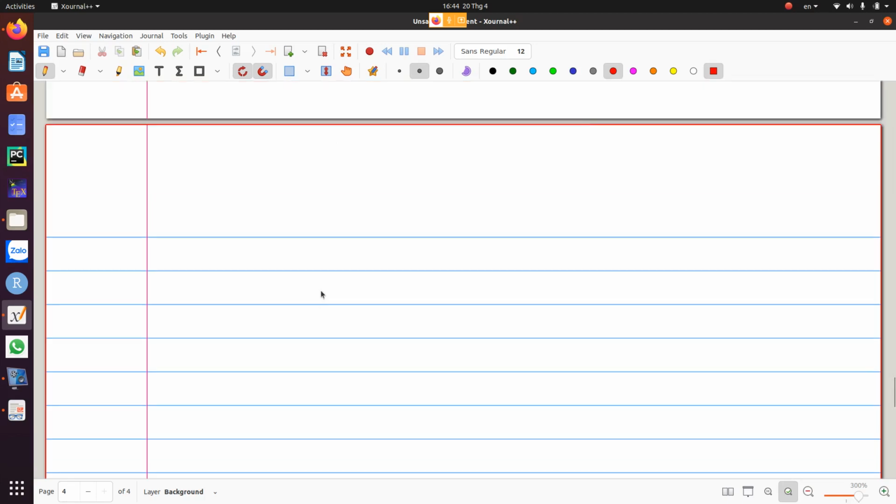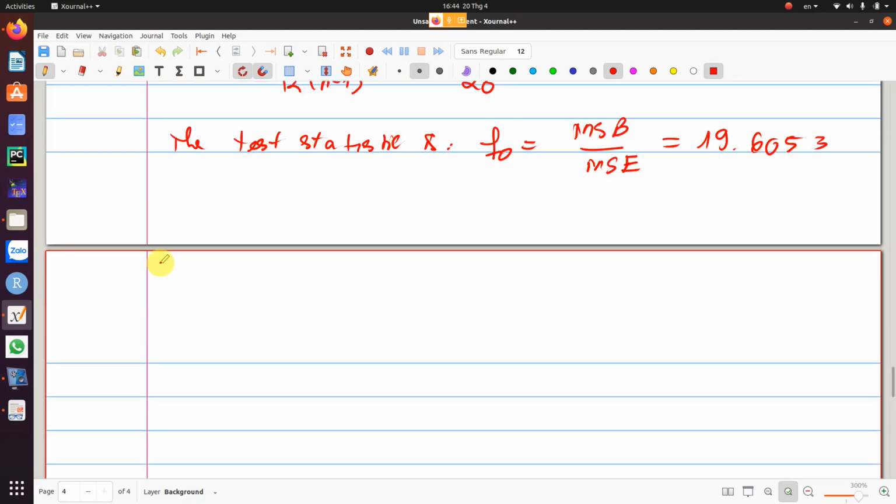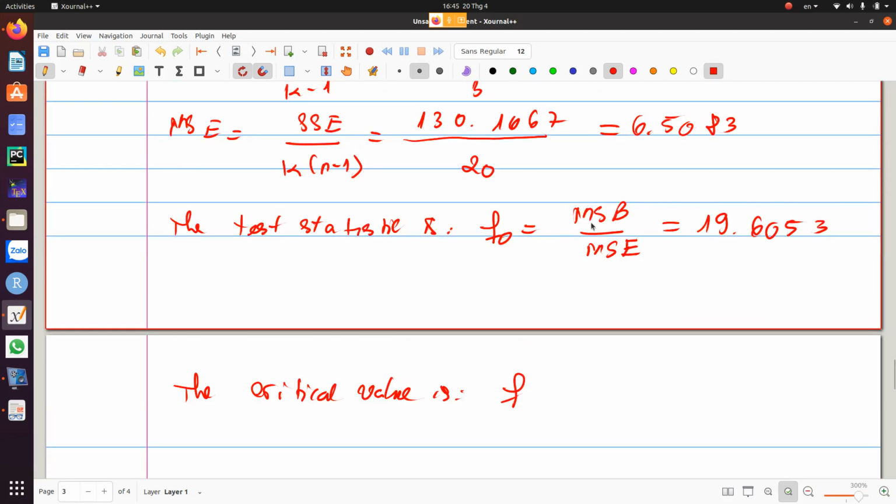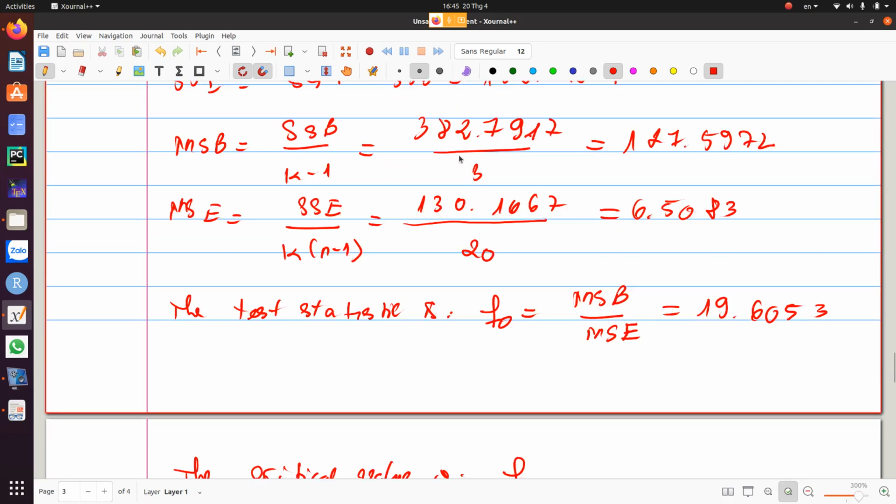The critical value is the upper quantile of the Fisher distribution, with df1 the degree of freedom of the numerator. The degree of the numerator is the degree of MSB, which is 3. The degree of the denominator is the degree of MSE, which is 20.